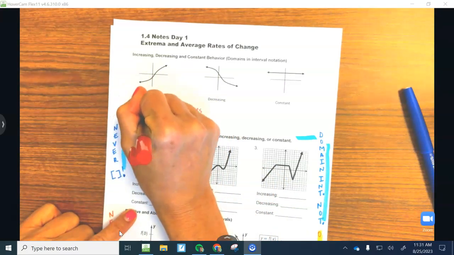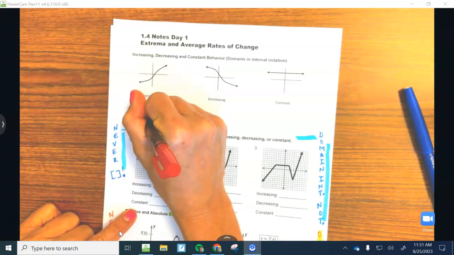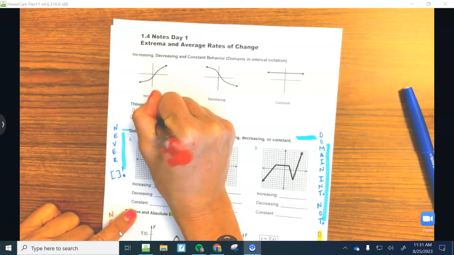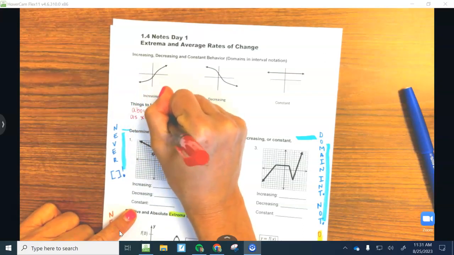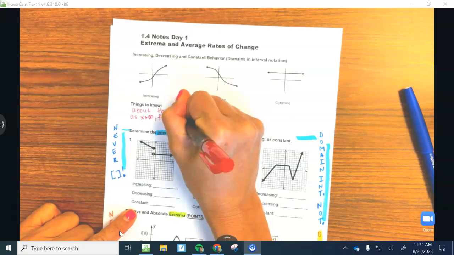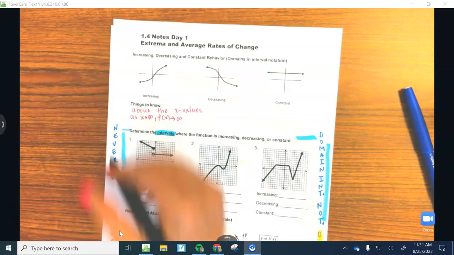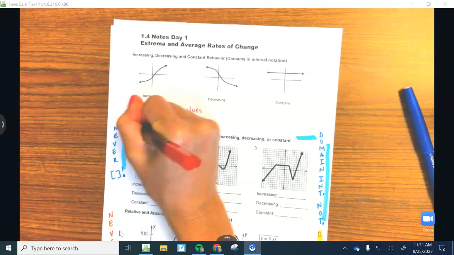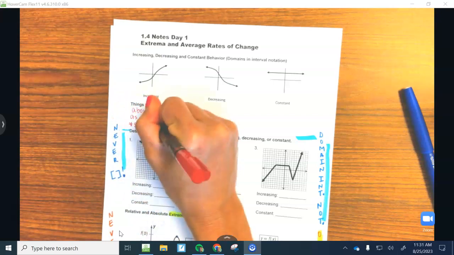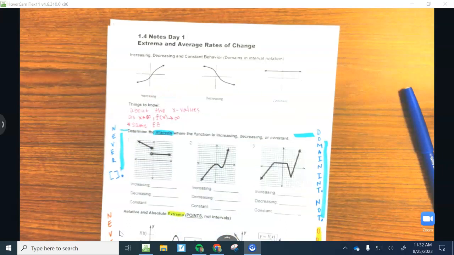So as x approaches infinity, the outputs, f of x, approach infinity, just as you go from left to right. This is known as same end behavior. And I'm going to abbreviate, guys: EB means end behavior.